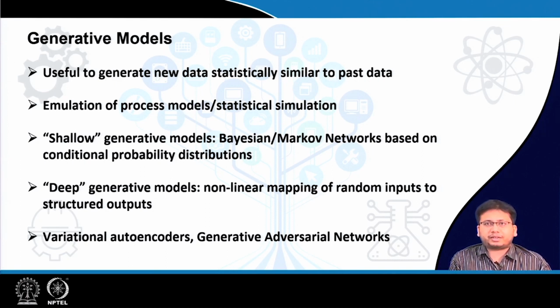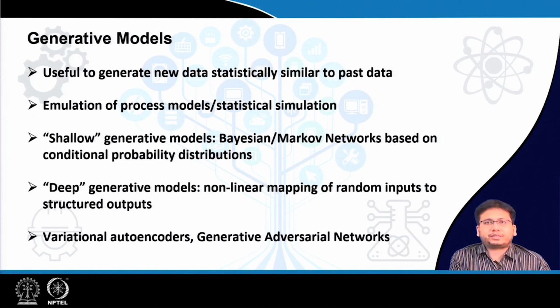which can be expected that those simulated values will be statistically similar to past historical or observed values, but not identical to them. This is often achieved either through statistical simulations or by emulations of these process models.